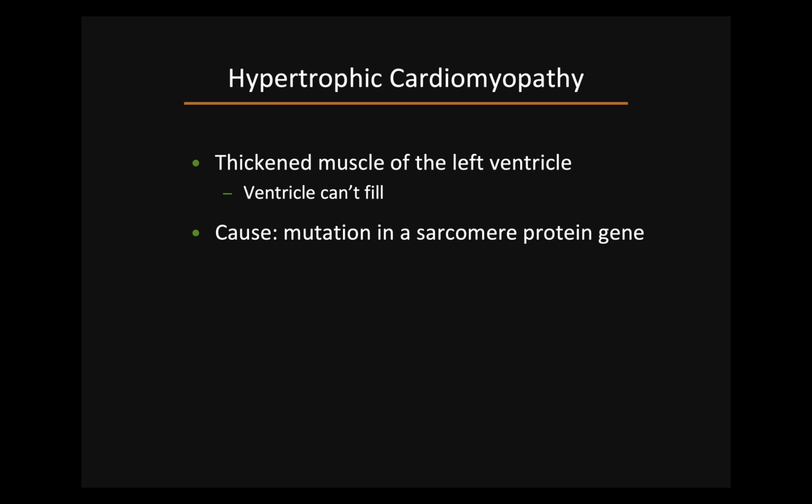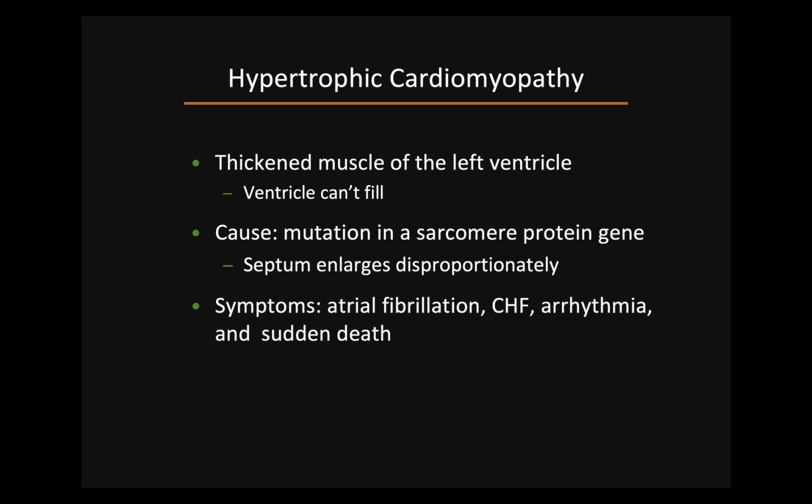The cause is a mutation of a gene which controls the sarcomere proteins. And this is what causes the septum to enlarge. The symptoms are atrial fibrillation, congestive heart failure, arrhythmia, and sudden death.